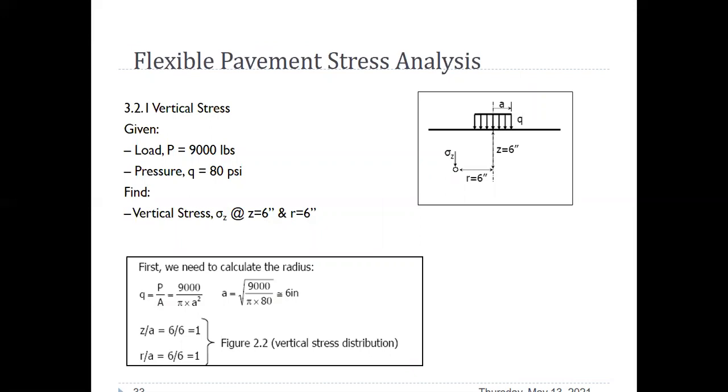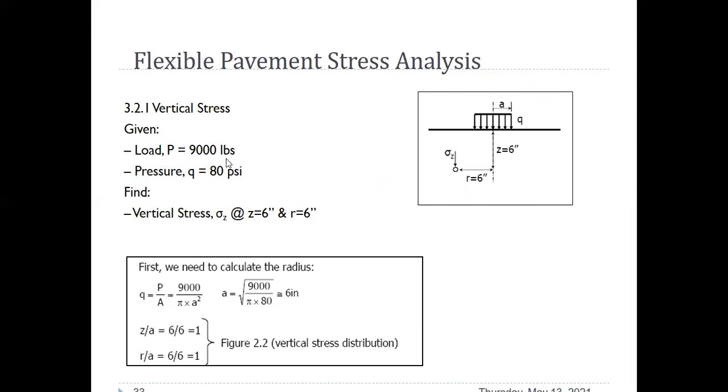There is a point, this point is 6 inches away from the center of the impact load, and we are interested to know the stress at this point. So for a given problem, we have been given that there is a load on the tire that is 9,000 pounds.